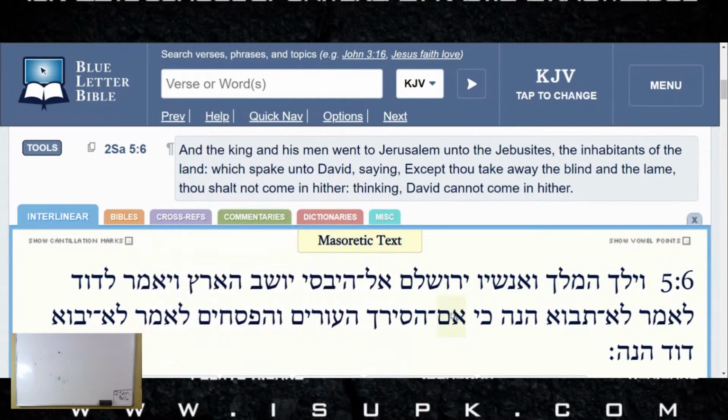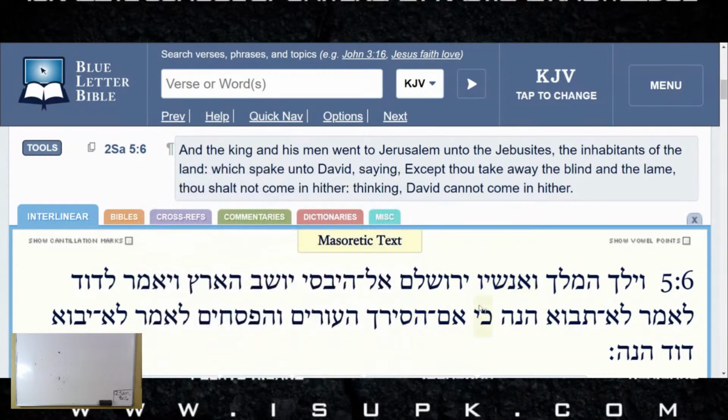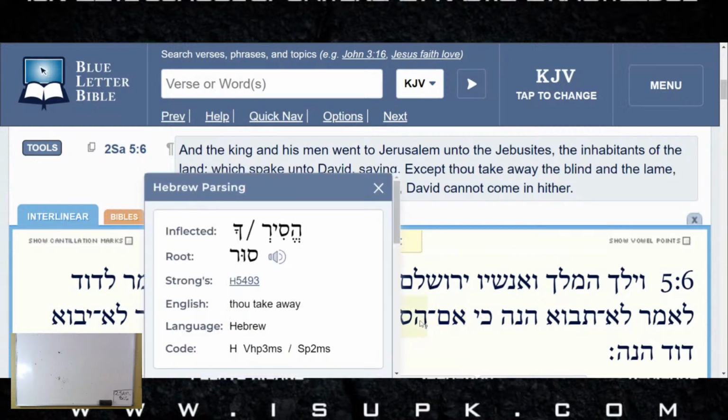Except, which means if, but here they didn't put it because it's connected to this word, thou take away. Except, because they got kaya, except for if thou take away. Because if thou take away, for if thou take away, except thou take away. Except if thou take away.